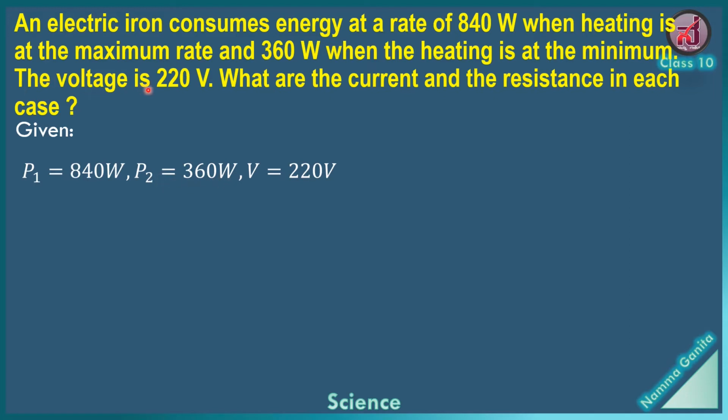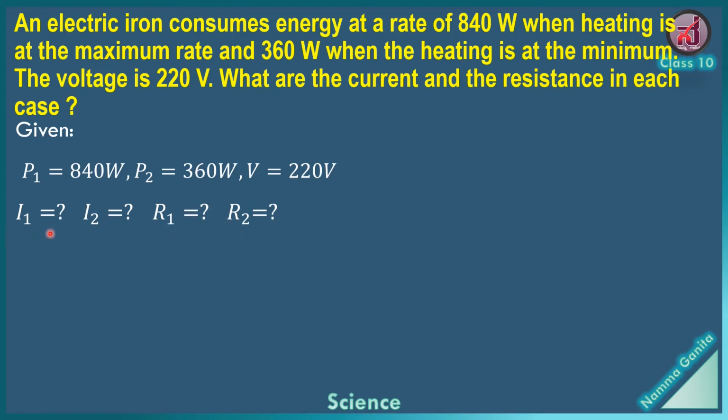The voltage is 220 volt, V is equal to 220 volt. We have to find the current and the resistance in each case, that is, the values of I1, I2, R1 and R2.